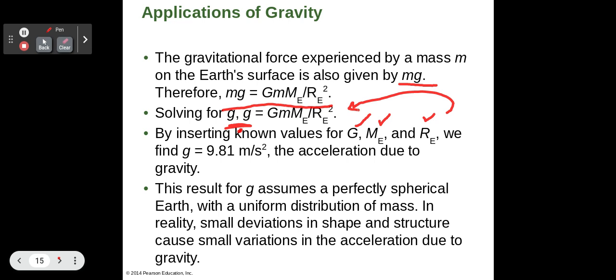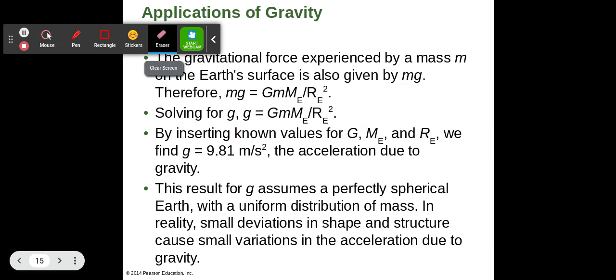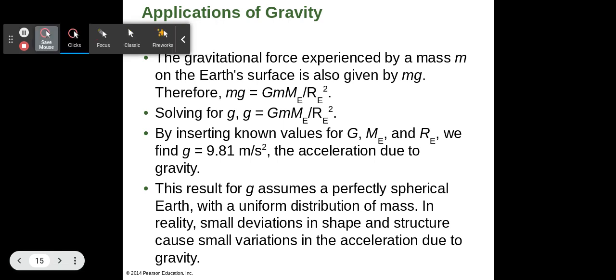Okay. Now, the value is not going to be hugely different, but it will be different. And that's because the Earth's not perfectly spherical. You do have some deviations in its shape and structure. But for the most part, it is going to be 9.8 meters per second squared, unless they tell you otherwise.